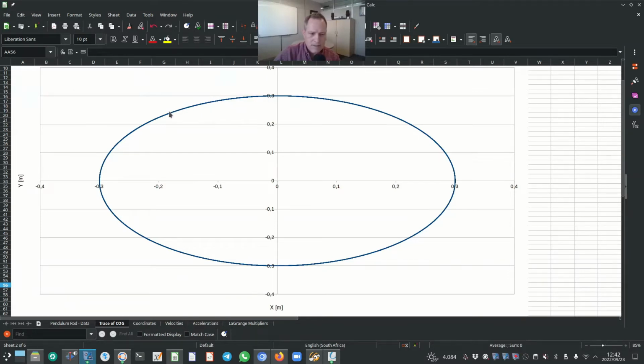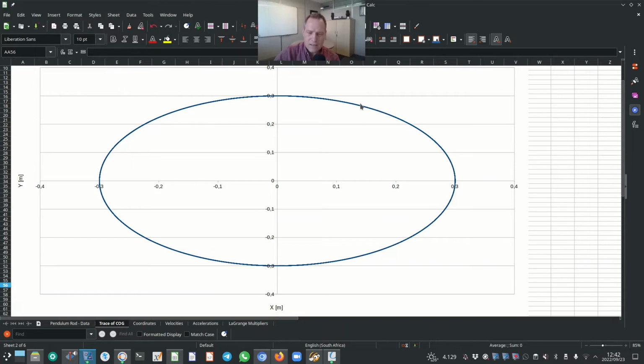So to wrap up this portion of the lecture, let's quickly look at the other results. What you see on the screen is a plot of the x-y coordinates of the C of G of body 1, or the center of gravity of body 1. The aspect ratio is wrong, but you can clearly see that the center of gravity intersects the positive y-axis at 0,3, negative x at minus 0,3, negative y at minus 0,3, and positive x at plus 0,3.